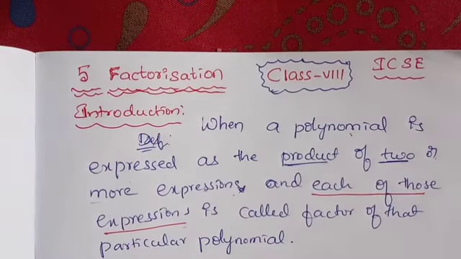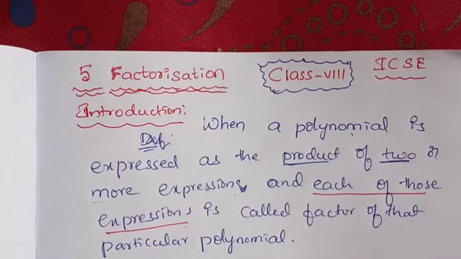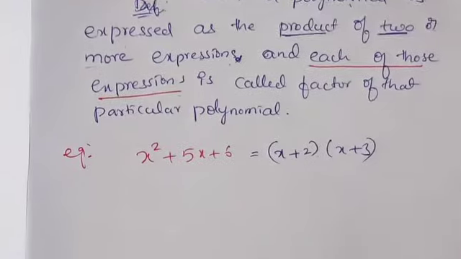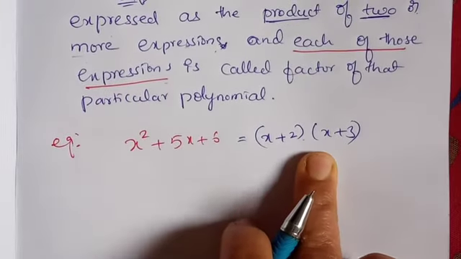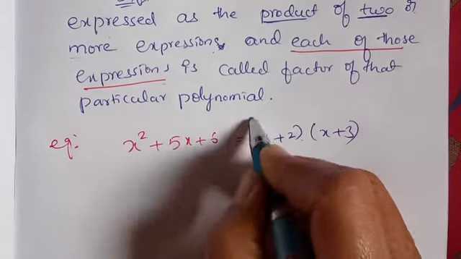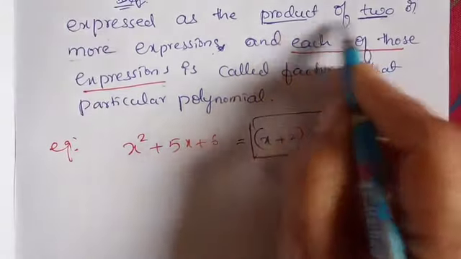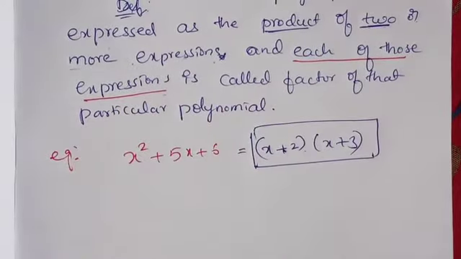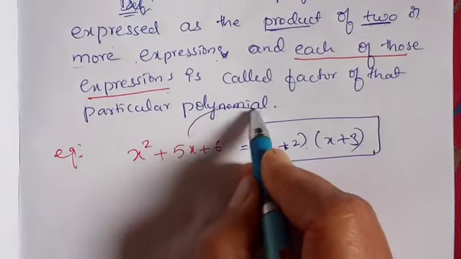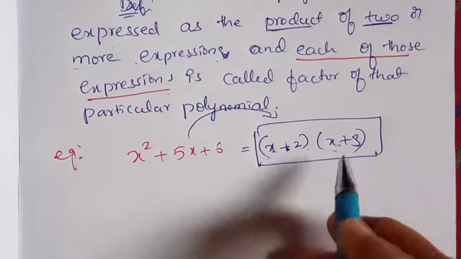It means this answer is x plus 2 and x plus 3. Okay, this expression result is x plus 2 and x plus 3. These two are called product of two or more expressions. This is an expression, this is an expression. This is a polynomial. Okay, so the polynomial which is converted into the two factors.